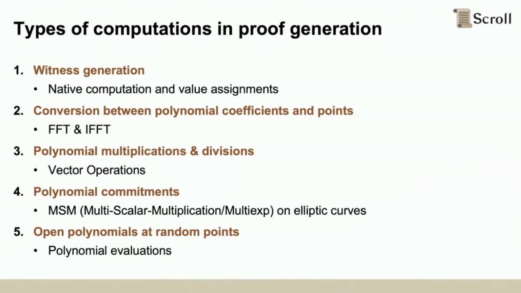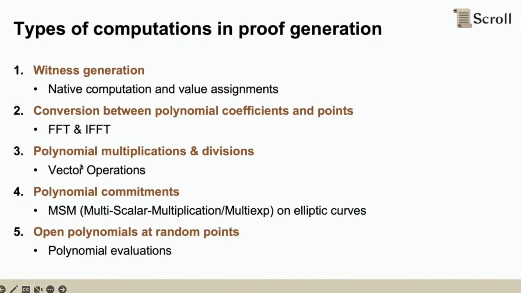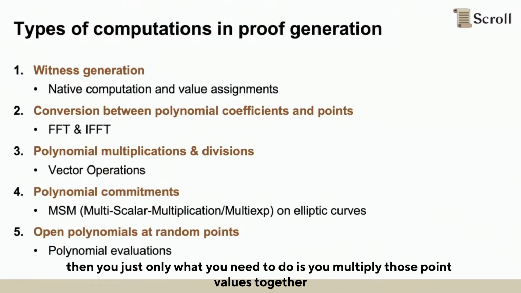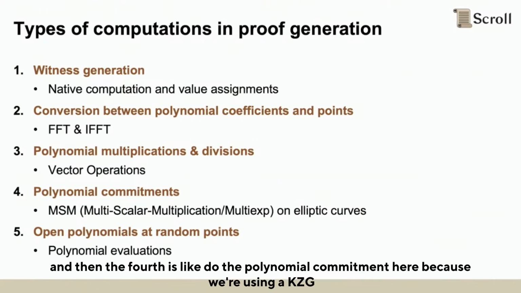And then the next thing is you need to do some polynomial multiplications and divisions. Those are vector operations, which means if you convert your polynomial into those point values, you only need to multiply those point values together, so those are all vector operations.